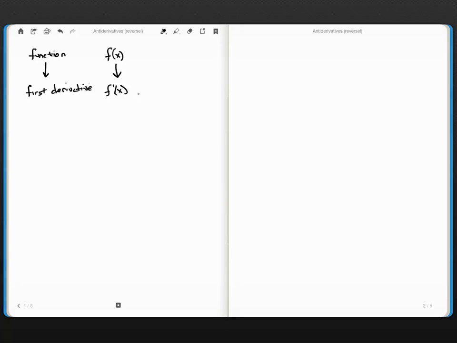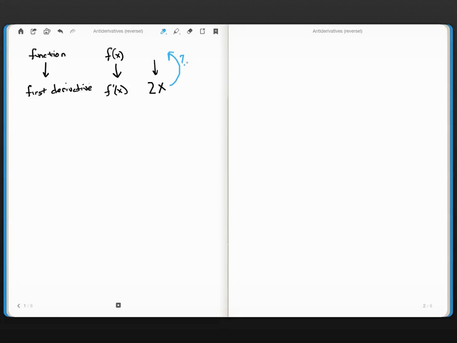Now, what if I knew that the first derivative, f prime of x, is actually 2x? If I know that's the first derivative, the question becomes, how do we get back up this way?